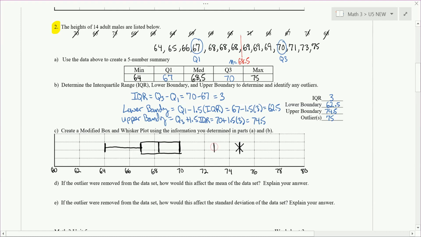So I'll plot 73, and there we go. This is our min, this is Q1, our median, Q3, and our max is here. That second whisker goes out to the largest number that's not an outlier.